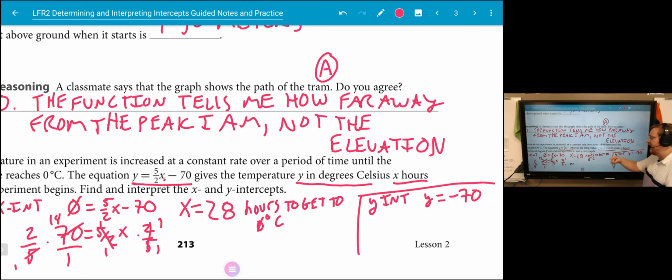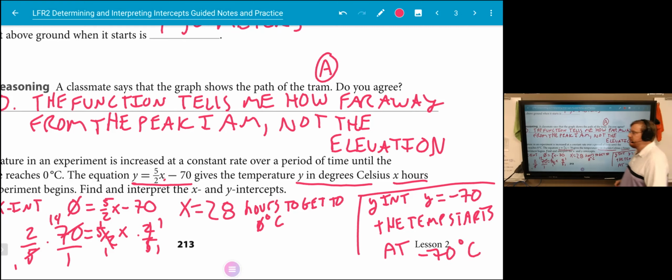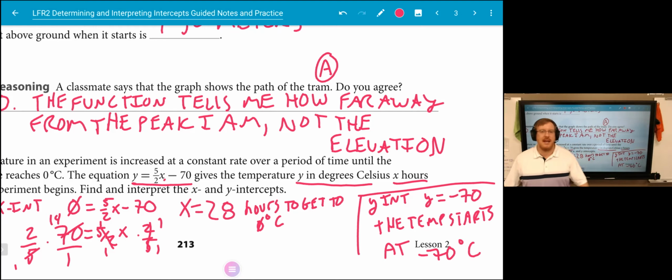So if I said get down to, I should have said go up to, because the temperature increased. The temperature starts at -70 degrees Celsius. So that's how we interpret that.